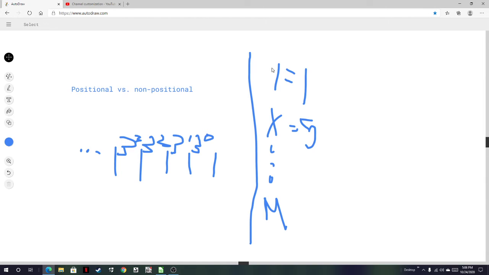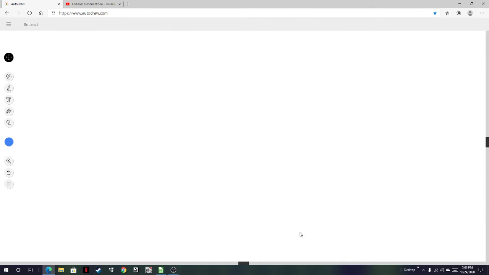And non-positional is just where you have certain symbols for certain numbers, and if a larger one comes before a smaller one, you add. If not, you subtract. That's positional versus non-positional.